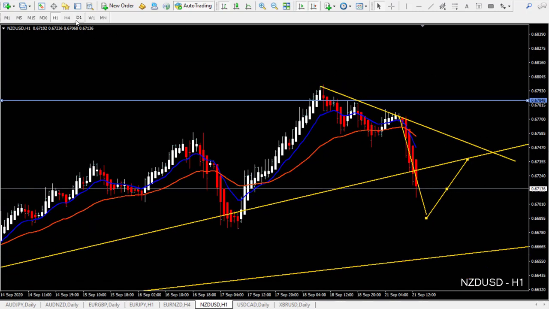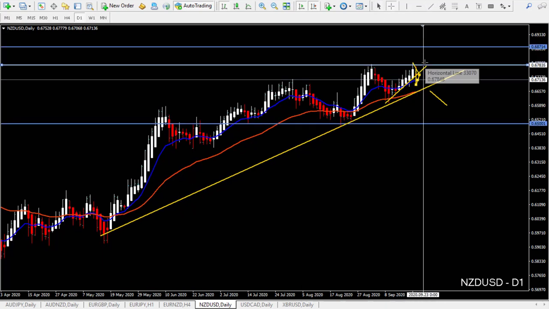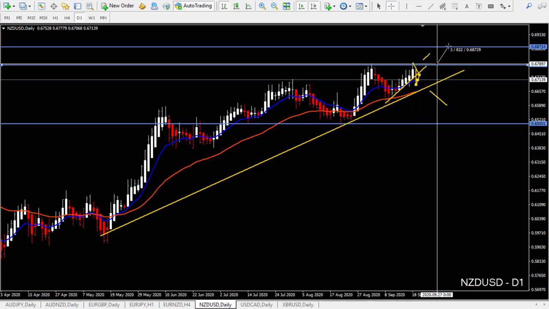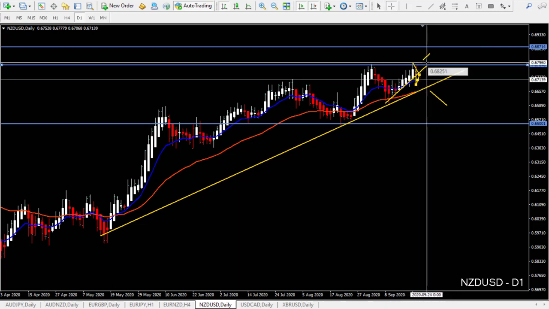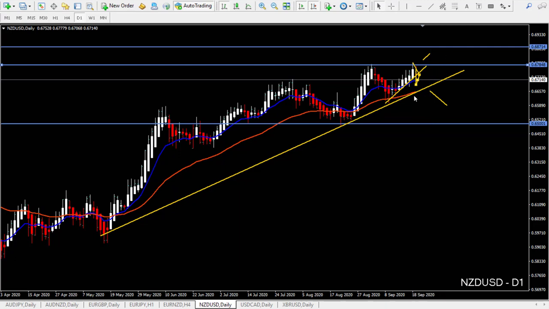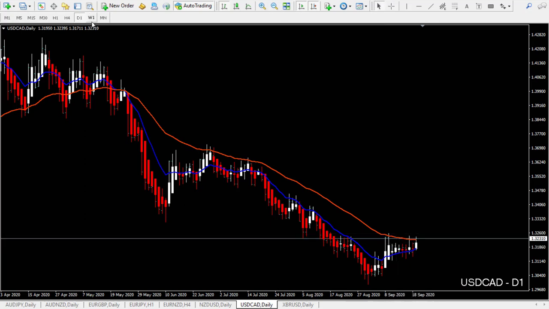If it's too aggressive, you just simply wait for breakout of this trend line and then you look for short entries and breakout of the resistance. However, you see that the distance between both of them is not so big, so probably you have to go to lower time frames to look for buys here. Yeah? So this is the plan for New Zealand dollar, US dollar.